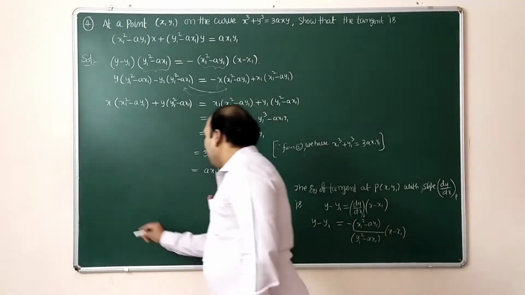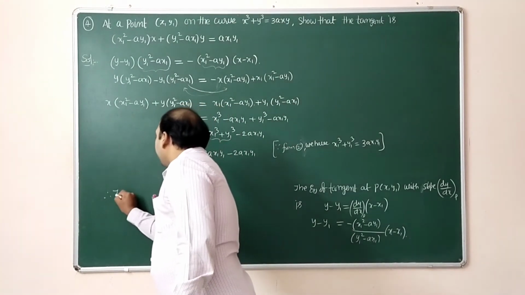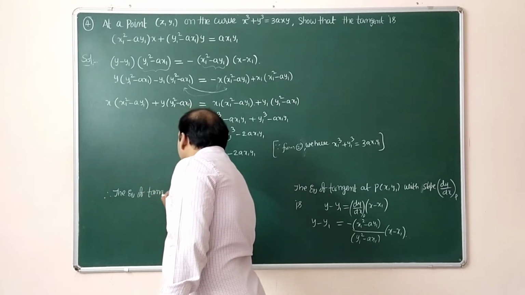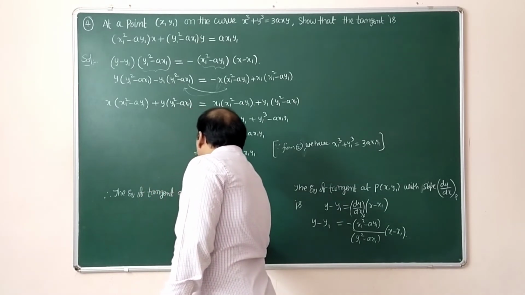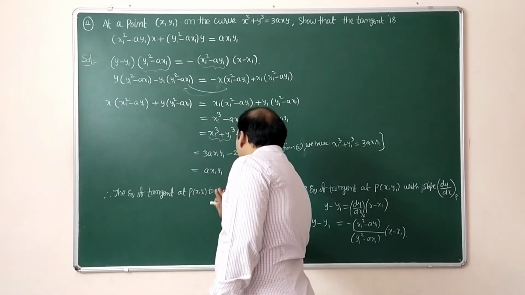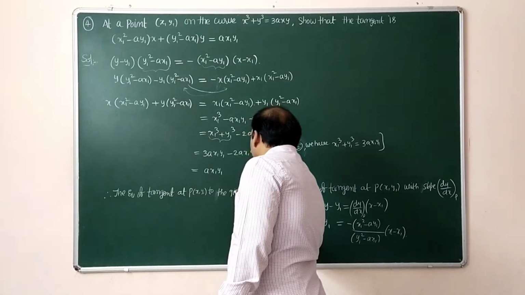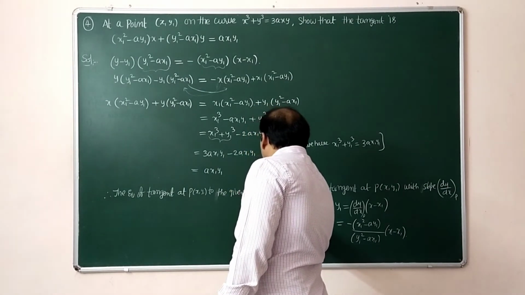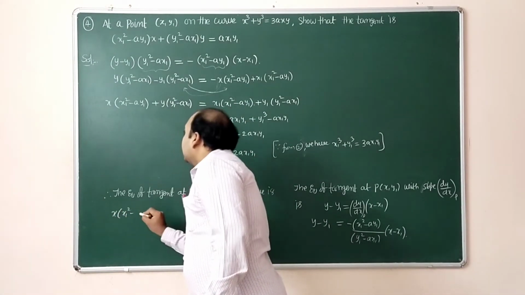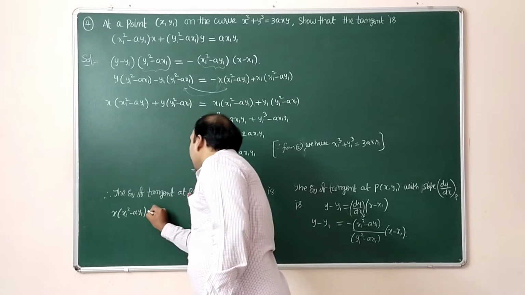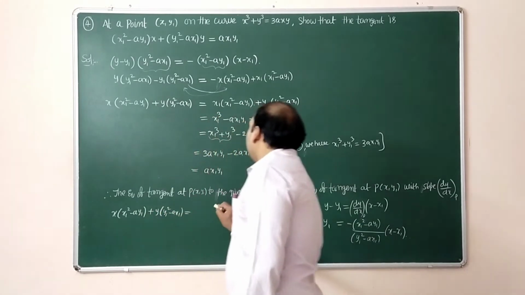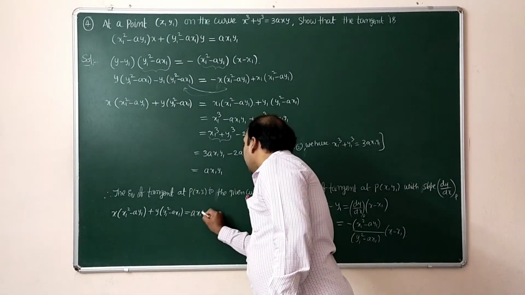So therefore, the equation of tangent at P of x1 comma y1 to the given curve is x into x1 square minus ay1 plus y into y1 square minus ax1 is equal to ax1 y1.